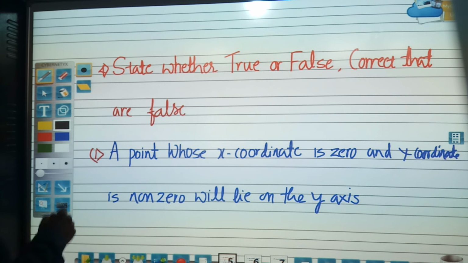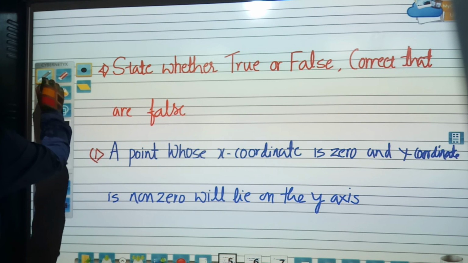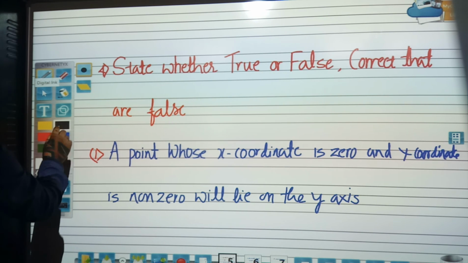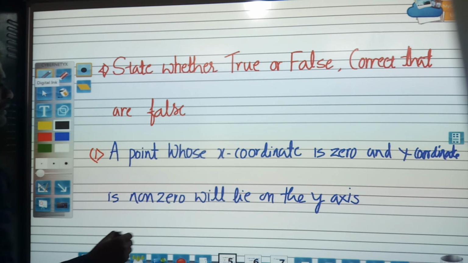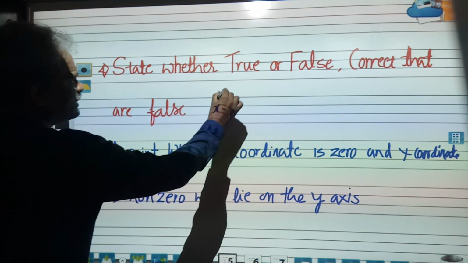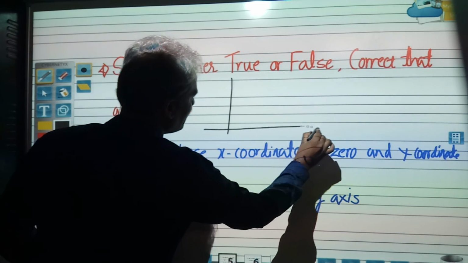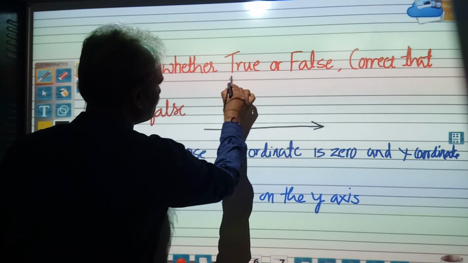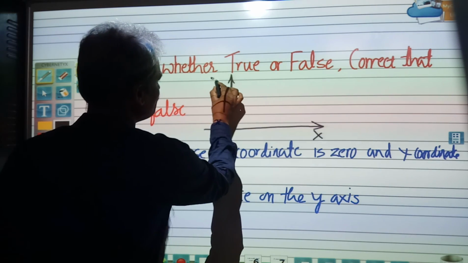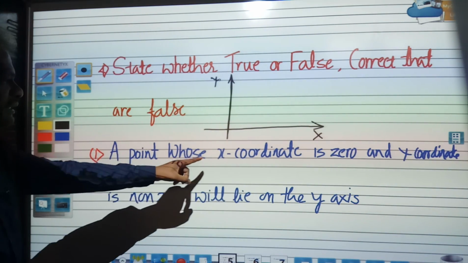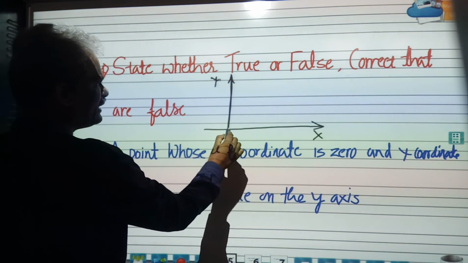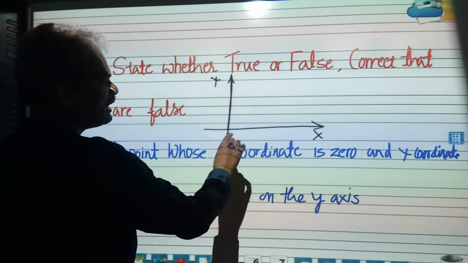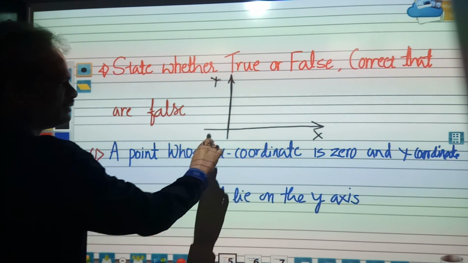True. Just let me explain this one. Suppose this is O, this is a vertical line, and this is a horizontal line. Imagine that this is the x-axis and this is the y-axis. A point whose x-coordinate is 0 means you should not go along the horizontal line. You should not move.